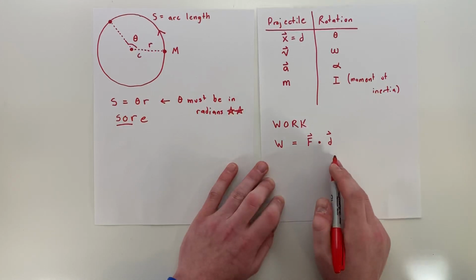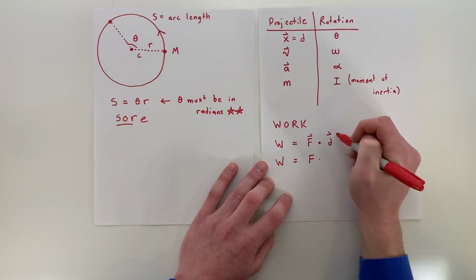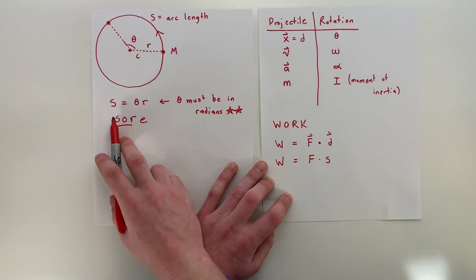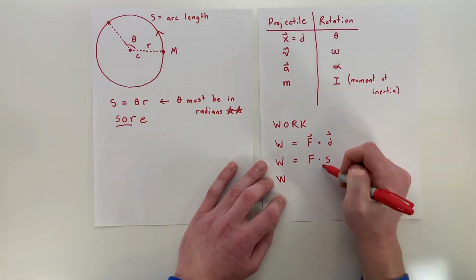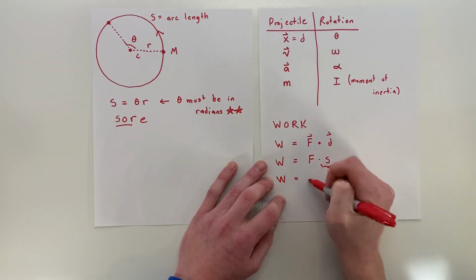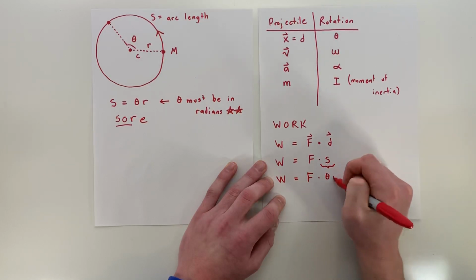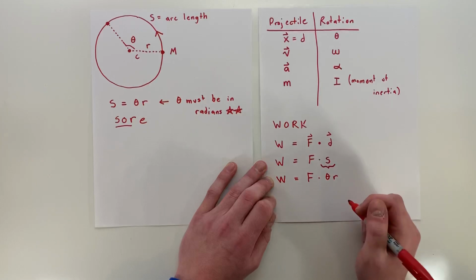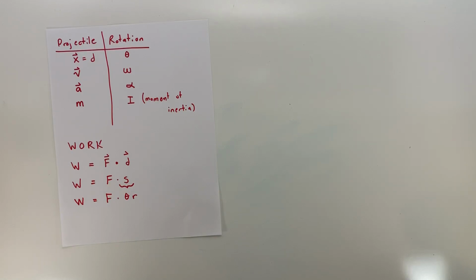We have W equals force times the distance, which we said was going to be the arc length, S. Then using the SOR formula, Grant will be sore with you if you don't remember it, we are going to replace the S with theta R. Now we can make yet another simplification.